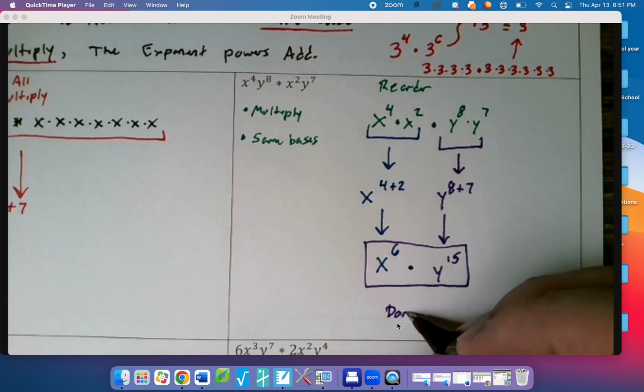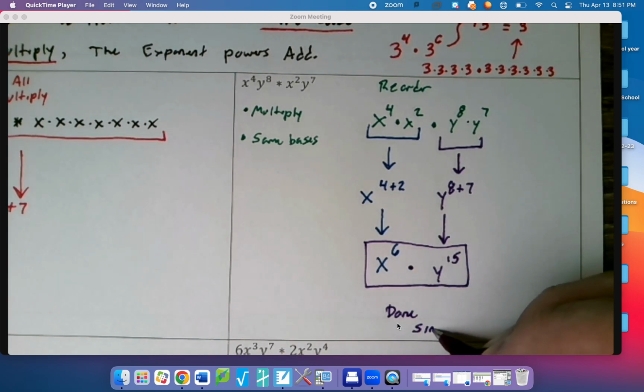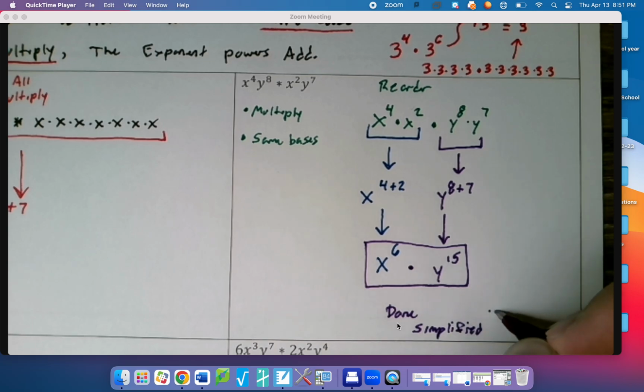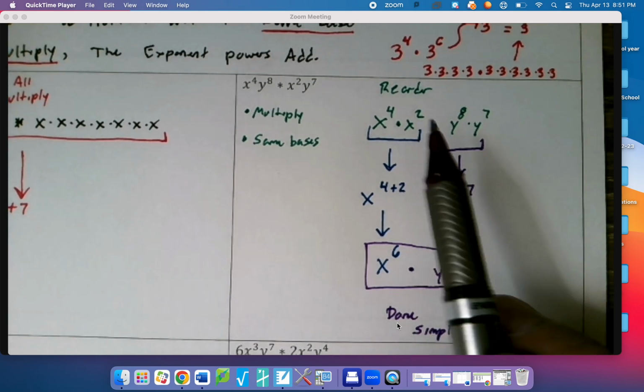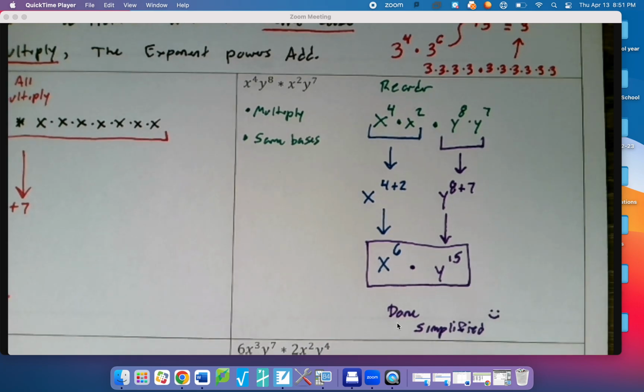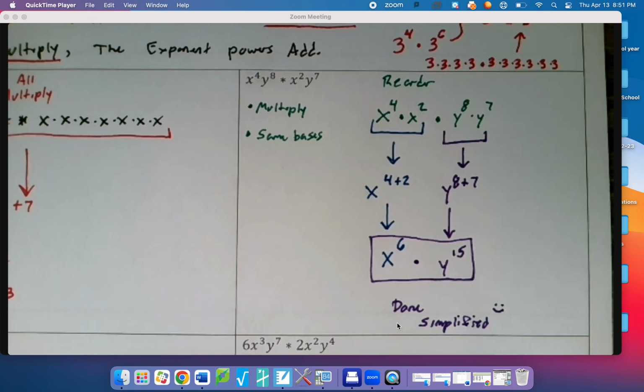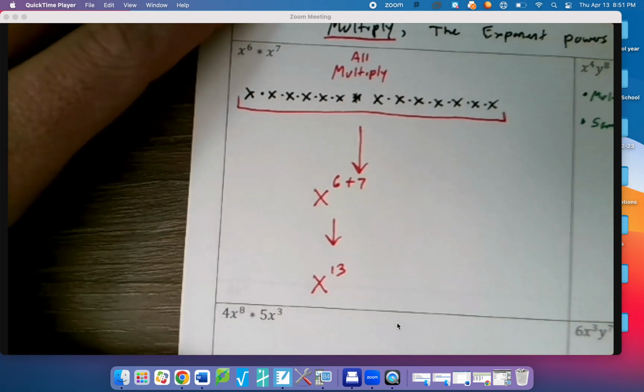We are done. It is simplified. Ding! And we're done. Most of the time, we don't have to have all of this work for these types of problems. We can get away with it a lot quicker.